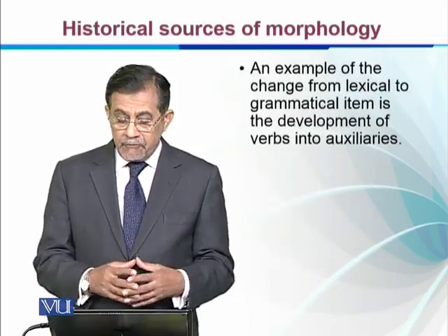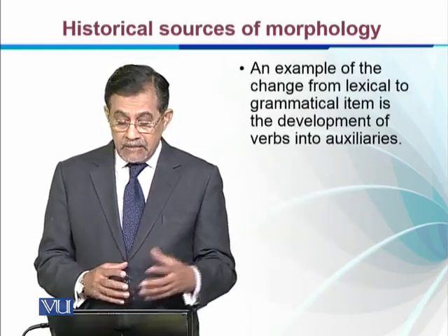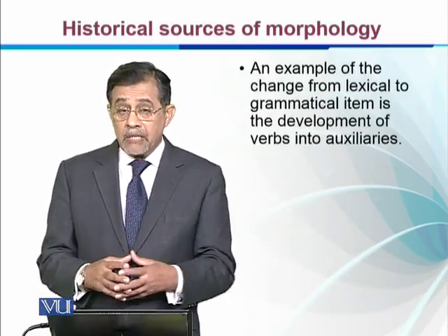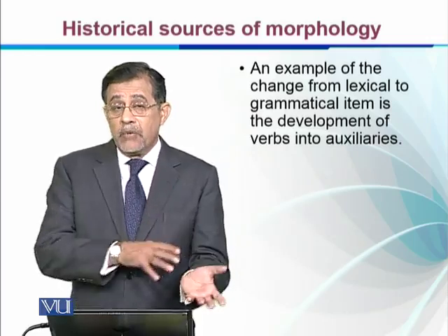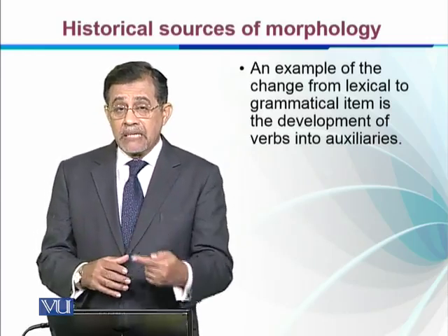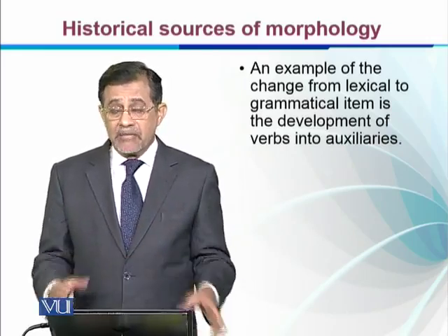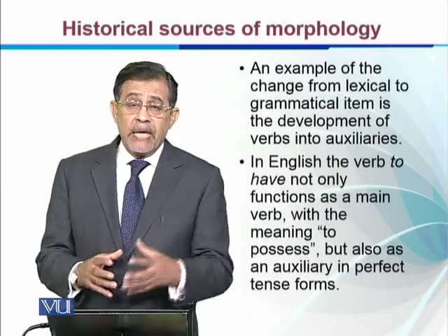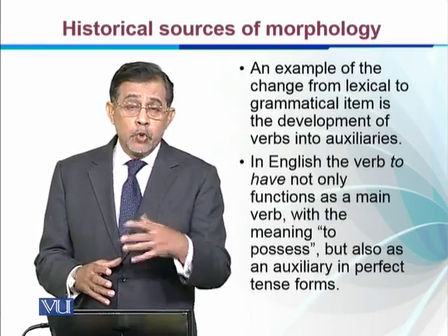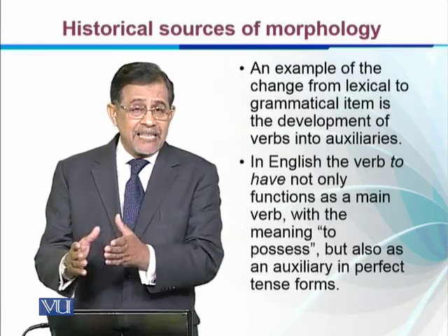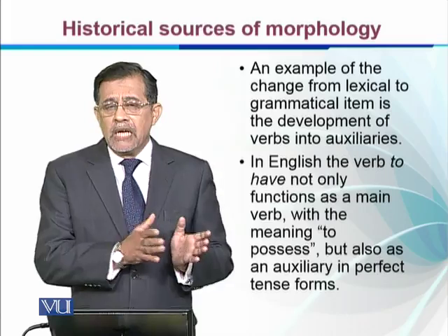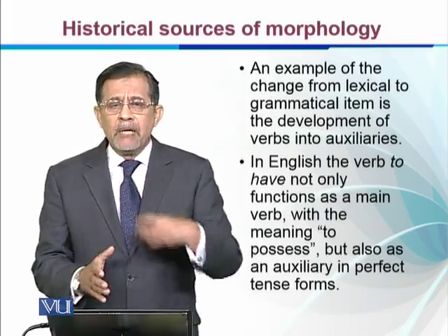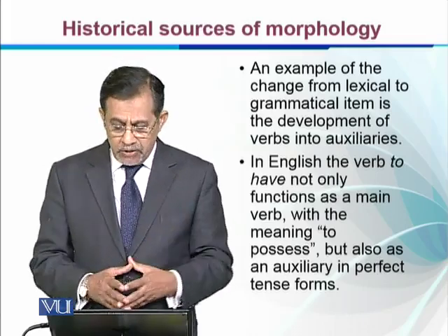An example of the change from lexical to grammatical item is the development of verbs into auxiliaries. There are certain verbs which were lexical verbs and were made through this grammaticalization process into auxiliaries. For example, to have. We know that the verb to have, when it is used as a full verb, means to possess something, but we also use this verb as an auxiliary verb, as a helping verb to make a perfect tense, right?